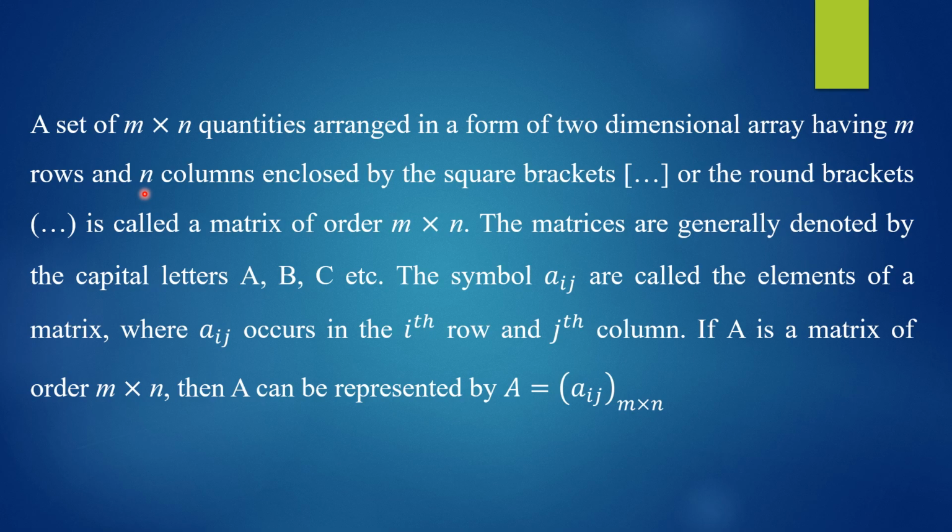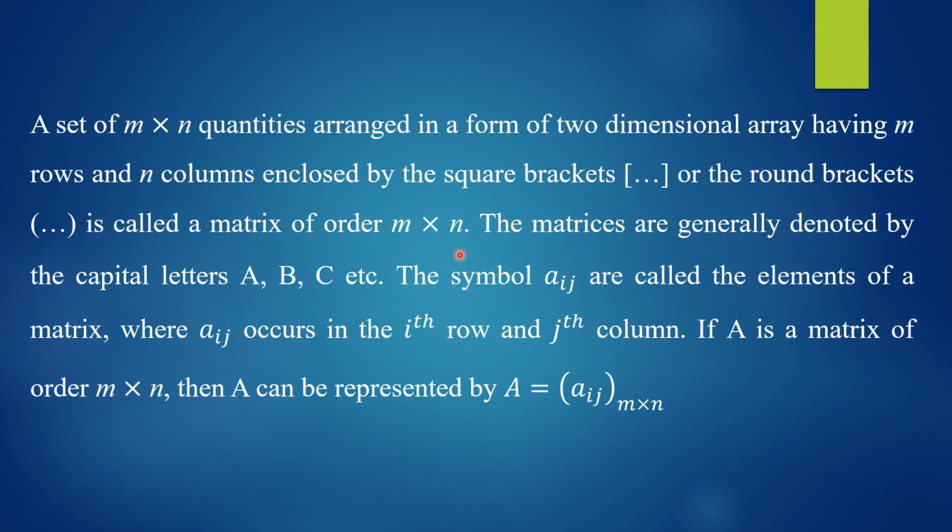After writing the elements in a two-dimensional array and then enclosing all those elements within this bracket or this bracket, any bracket can be used, that is called a matrix. It will be a matrix of order m by n, where m represents the number of rows of the matrix and n represents the number of columns of the matrix.